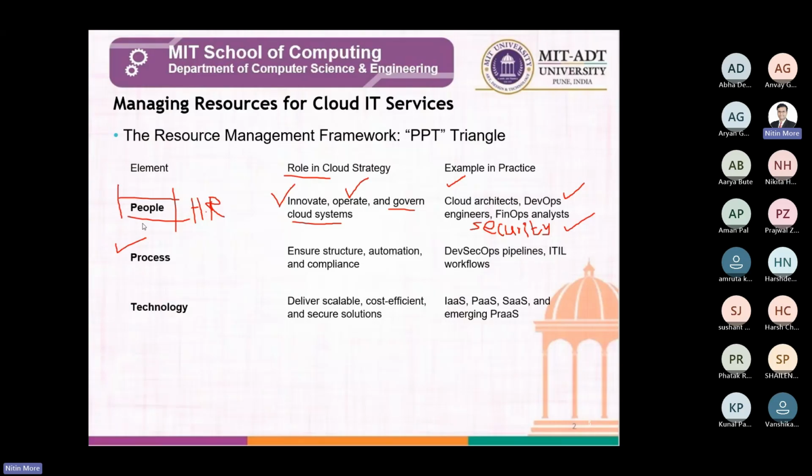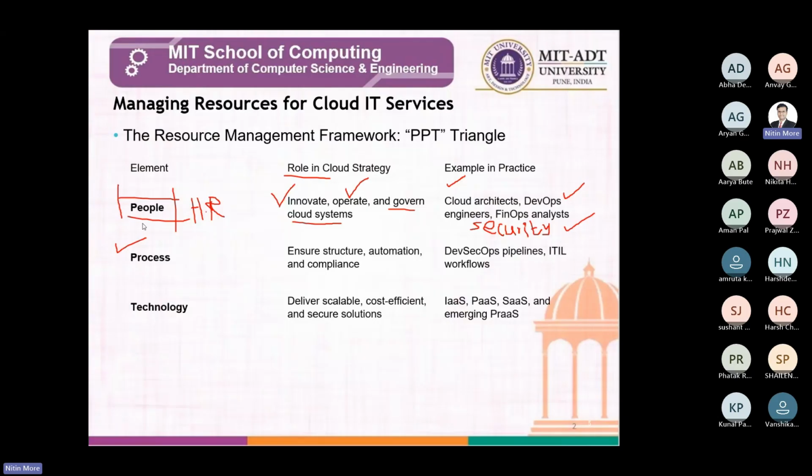Who are dealing with continuous monitoring, continuous management of the cost. We have security processes, who are trying to achieve compliance, handling all kinds of audits, and checking whether implementation of policies is getting done properly or not.